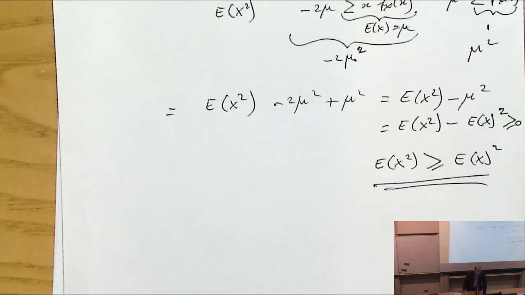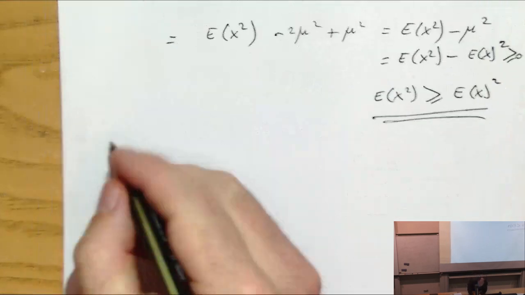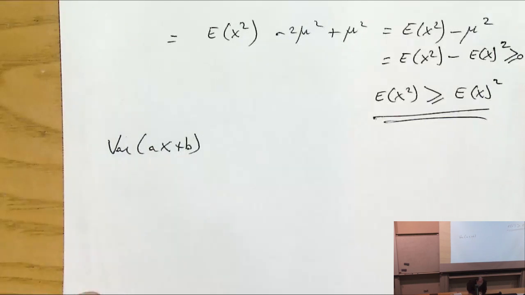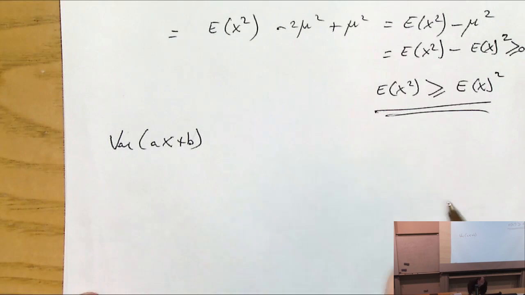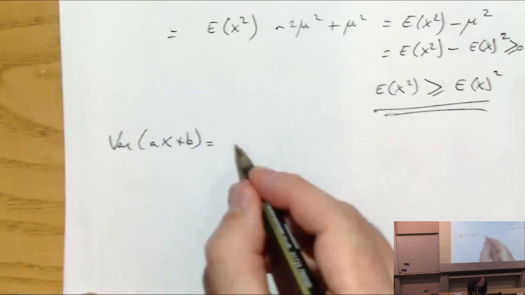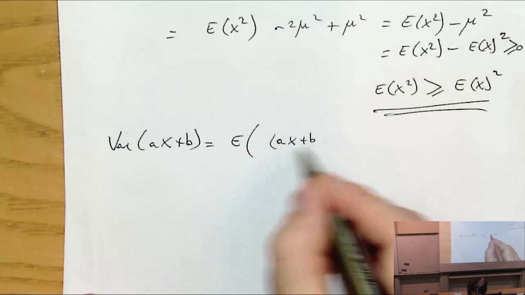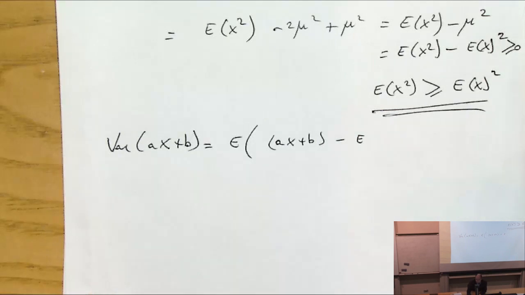Okay, so before we finish, what happens if now I take the variance of ax plus b? So let's look at that using the definition. This would be the expectation of ax plus b minus mu, right?